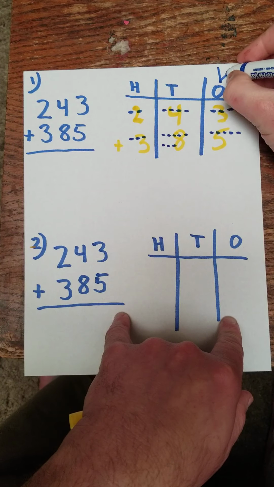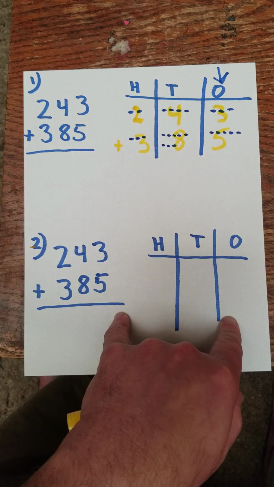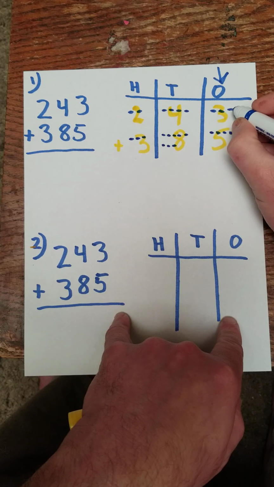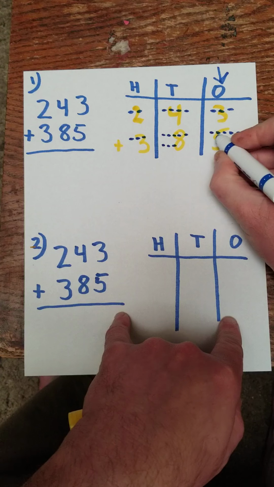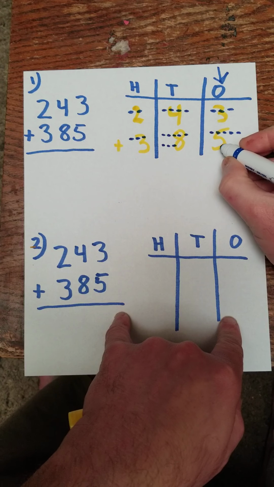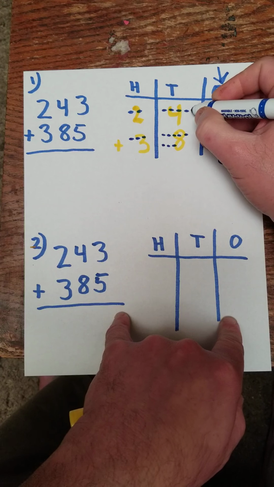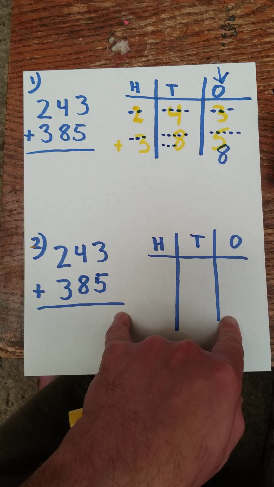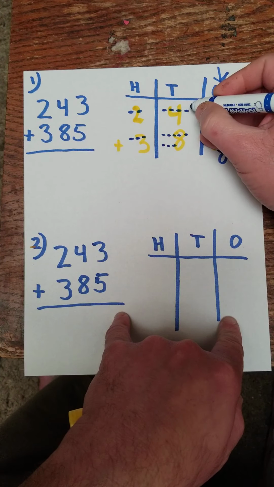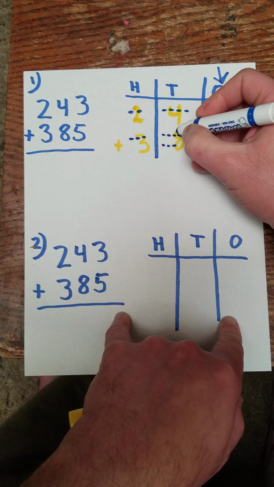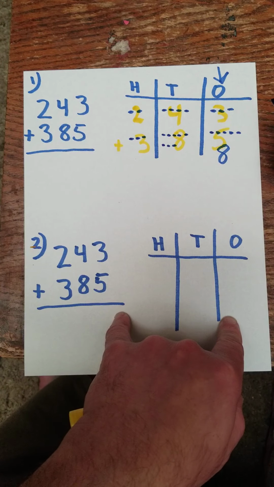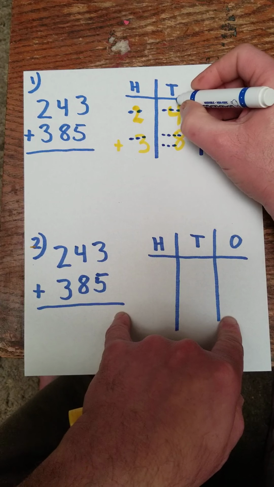We always start with the ones in case we need to regroup. So we have 3, and we added 4, 5, 6, 7, 8. So there's 8 ones. We had 4 tens, and we added 8 more. So we had 4, 5, 6, 7, 8, 9, 10. So there's 10 tens.